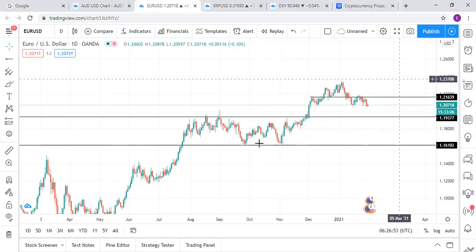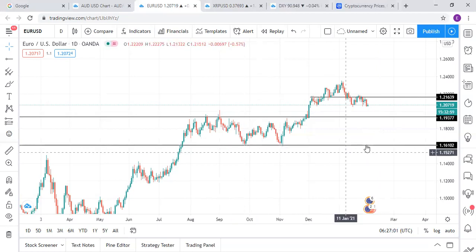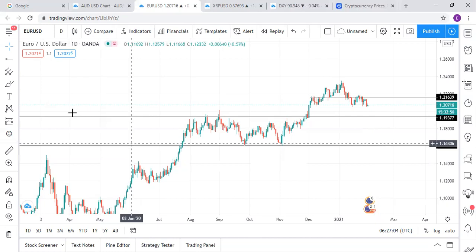But when I see a break below this low, then for me, I'm confident that, okay, what I'll just do is I'll look for a retest. This is what I'm saying.